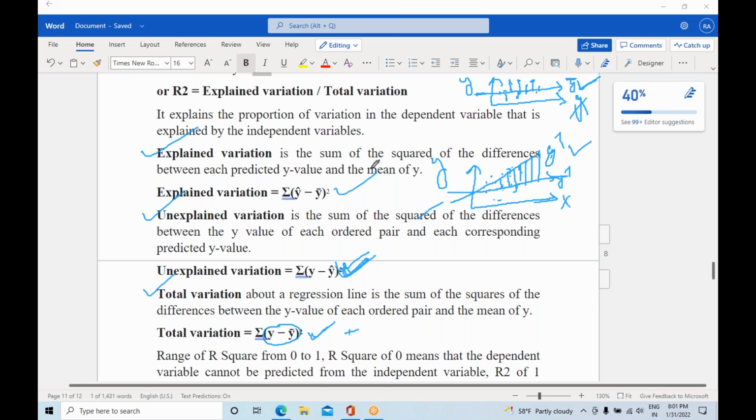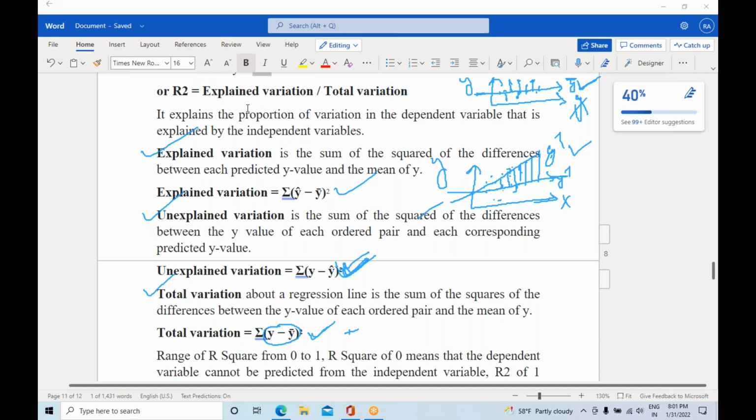The difference between the predicted and the mean is the explained variation. The difference between the predicted and the original data point is the unexplained variation. And total variation is the difference between the data points and the mean.